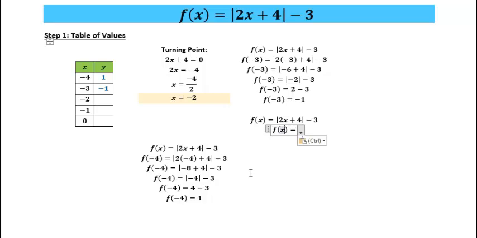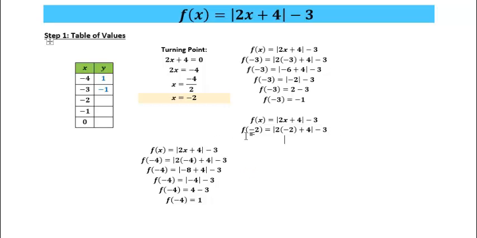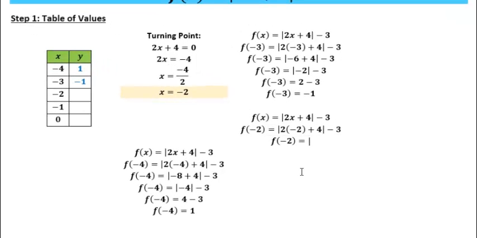Okay, so f(-2) will be equal to vertical bars 2 parentheses -2 plus 4, and I close the vertical bars, -3 outside, and that will give me inside the bars 2 times -2, that will be -4.